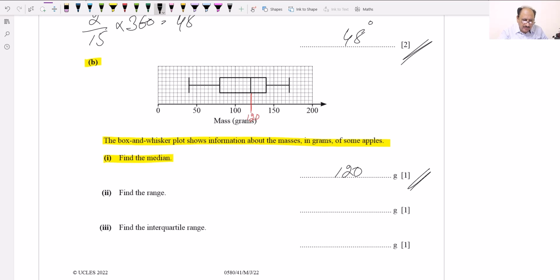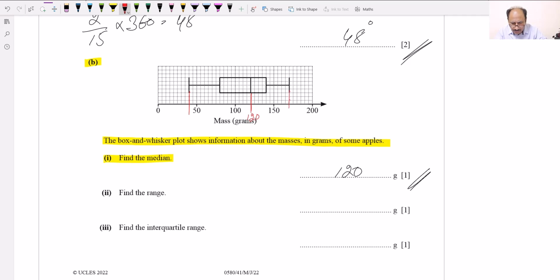This was a 1 mark question. Then the range will be the maximum minus the minimum. So we will have to take the maximum minus the minimum. The minimum value is this one, and the maximum value is this one.